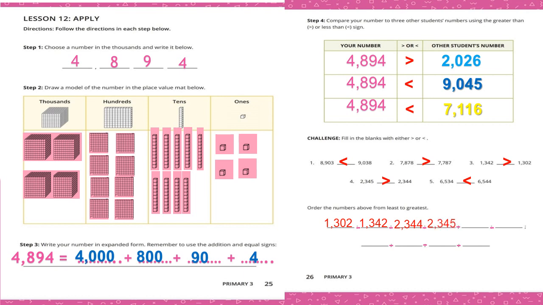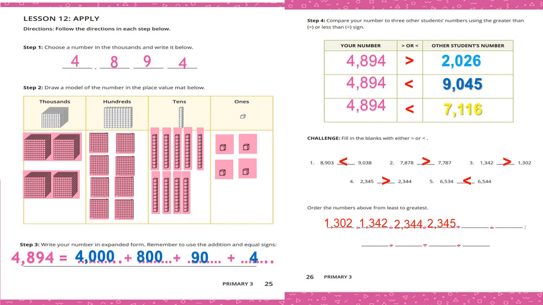Also we have 2,345. Which is the smallest? Number 1 or number 2 or number 5? We have here 8,000 and 9,000, 7,000 and 7,000, 6,000 and 6,000. Then the smallest is 6,000.